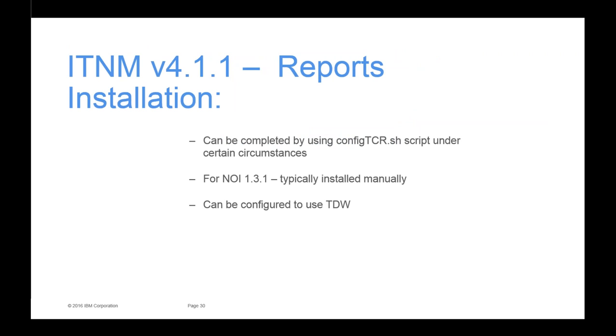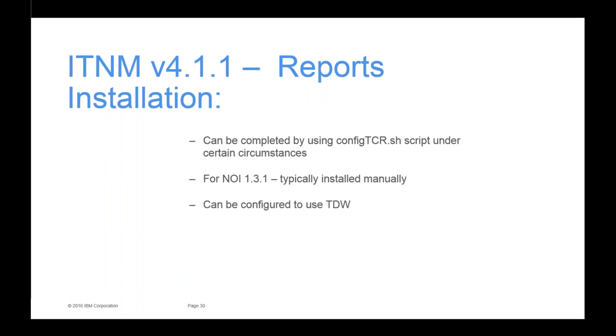The 4.1.1 is a little bit different. There are a few different scenarios that we didn't offer a complete integration for, and so therefore it required a little bit more work on your end to do the installs. So with 4.1.1, you can complete it using the config TCR script that we provide in certain situations.